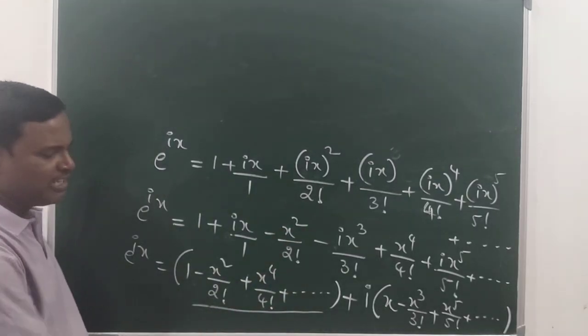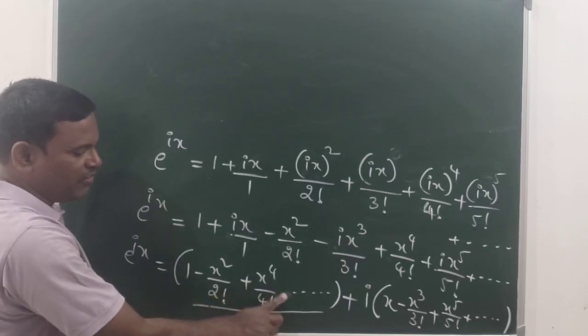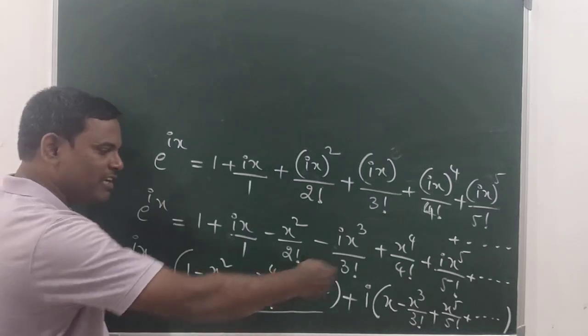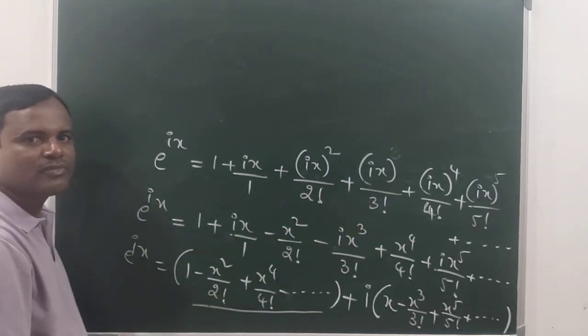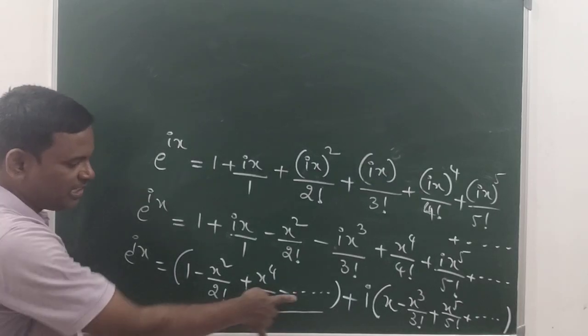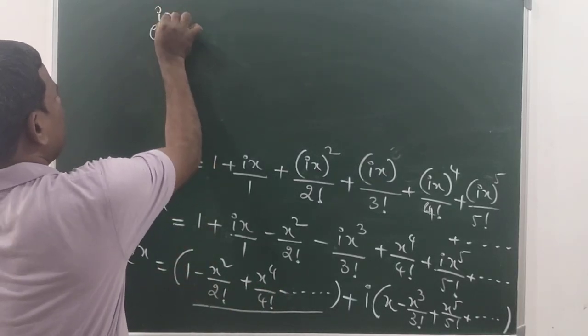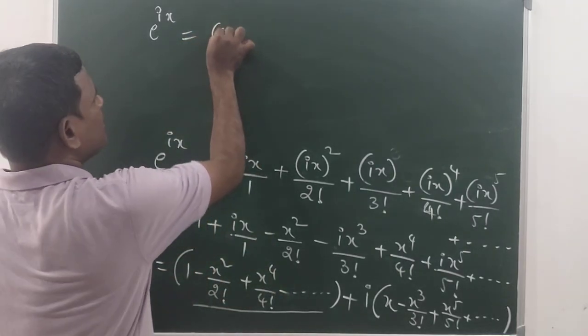It is getting like this. In the next term, plus minus plus, next we will get minus x power 6 by 6 factorial. This will continue. Actually this is the expansion of cos x. So e power ix is equal to, in place of this, write cos x.